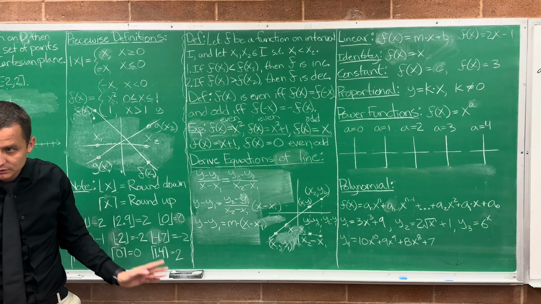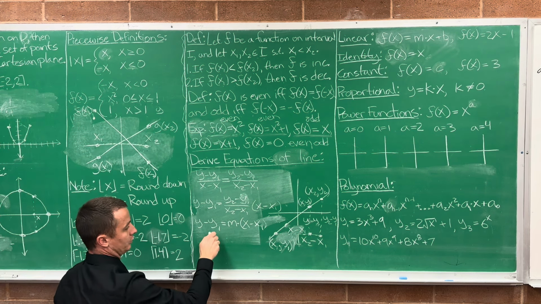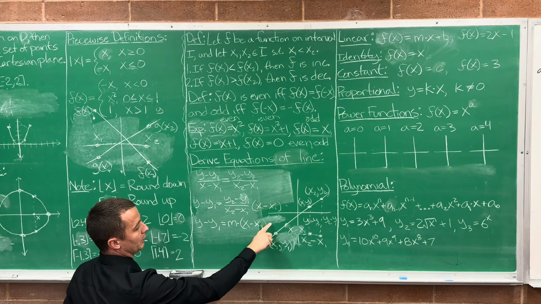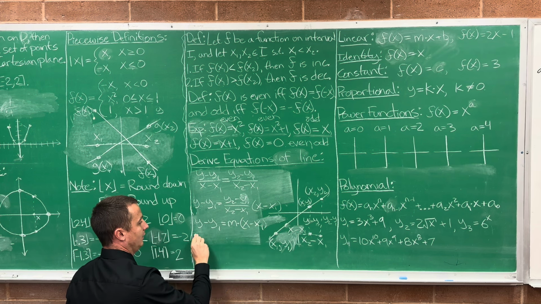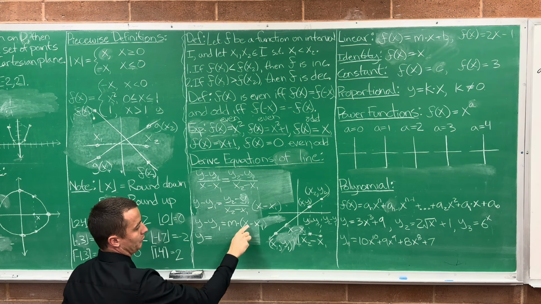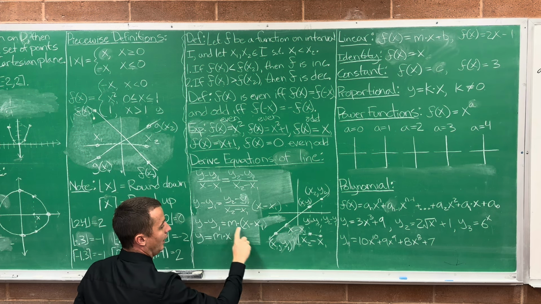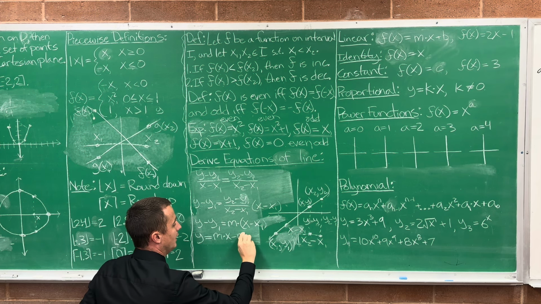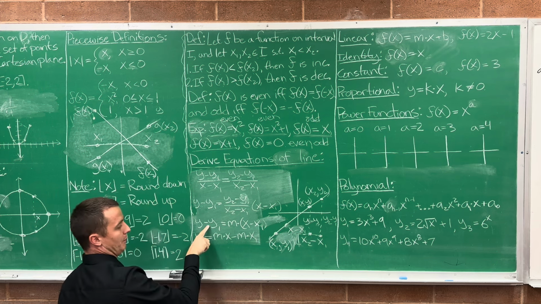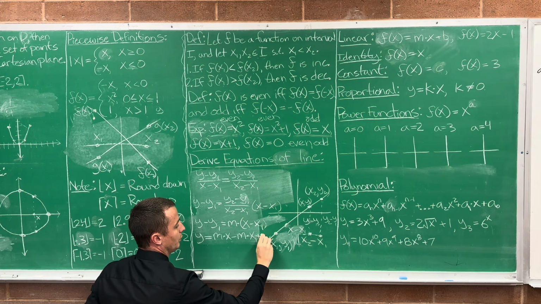Now finally doing some algebra, I'm going to distribute my m across there and move this to the other side. So y is equal to m times x, m times negative x1 is negative m times x1, and then plus y1 to both sides.